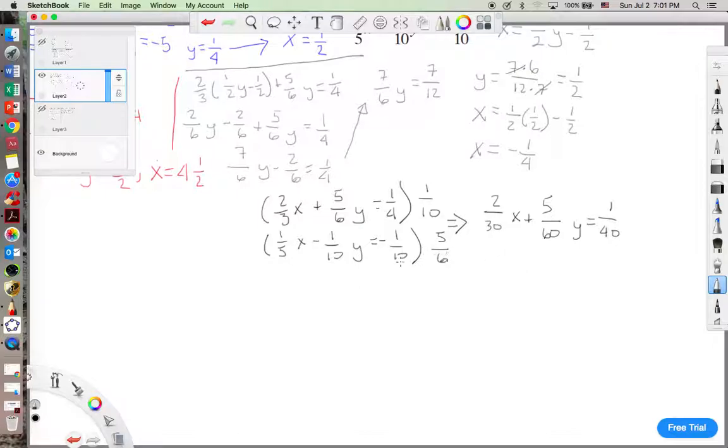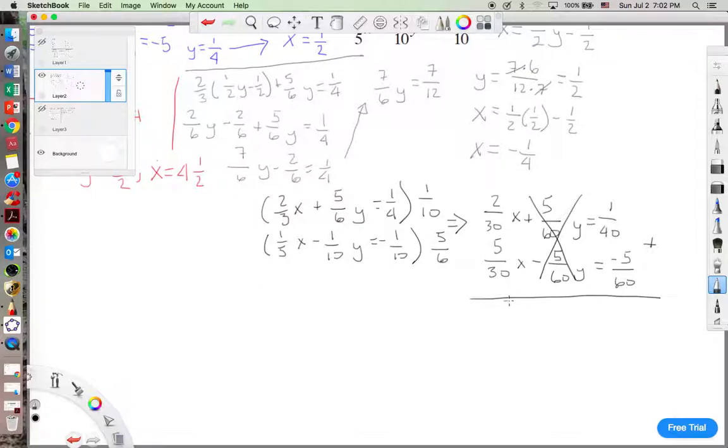And 5 and 6, so we get 5 over 30 x minus 5 over 60 y is equal to negative 5 over 60. Notice we have the same terms here. We're just going to add these together.